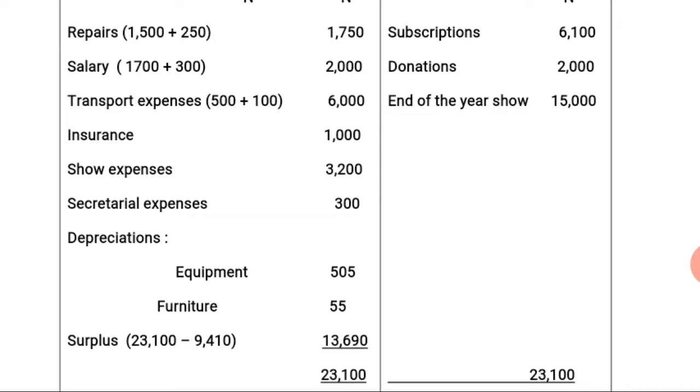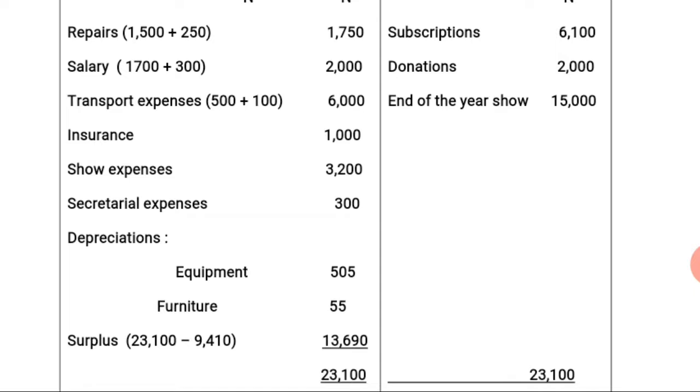The amount paid for repairs from our receipts and payments account was 1,500, and from the additional information we were told that 250 naira was still owing by the club as at the end of the year. So we have to add 1,500 to the 250 naira still owing. So the total amount for repairs for the year was 1,750 naira.